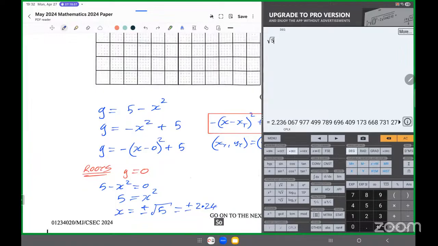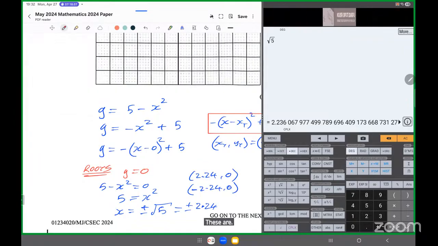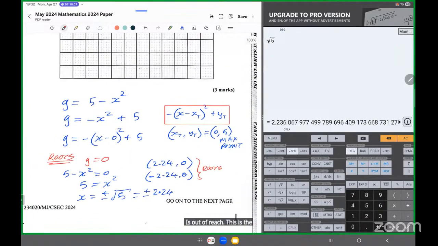So based on that, the roots are 2.24 and minus 2.24. Those are the two roots. These are the roots, and this is the maximum point. I put this in red.